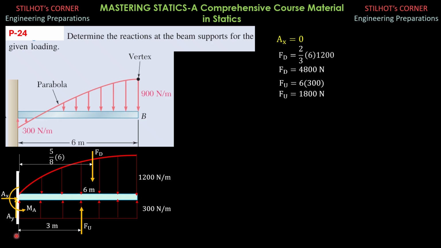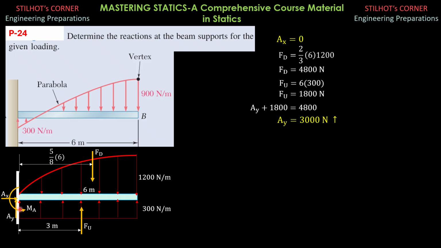Then we sum up vertical forces: AY plus FU, 1,800, equals FD, 4,800. So AY plus 1,800 equals 4,800. So AY is 3,000 newtons, which is the same answer as in the preceding slide.